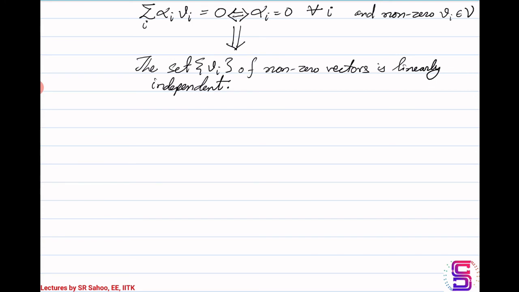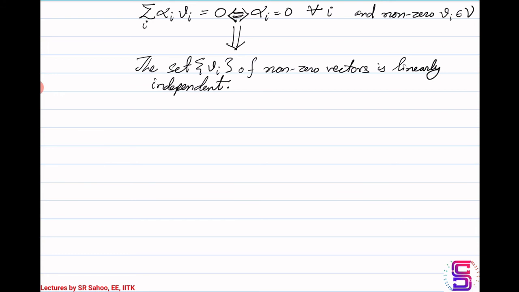So I'll write it this way. The solution to the equation of the sum of scaled up vectors being that all the scaling factors are 0 implies that the set of vectors that you have, and by default I am assuming it is a set of non-zero vectors, is linearly independent.